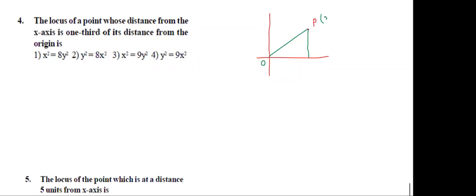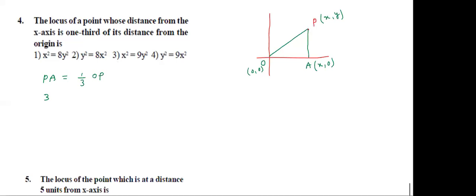What is P? X comma y. And this is point A. On the x-axis, y coordinate is 0 or not? X comma 0. Origin means you know very well, 0 comma 0. So what is the geometrical condition here? PA, the P to A distance, is 1/3 of the distance from the origin, that means OP. This is the geometrical condition.